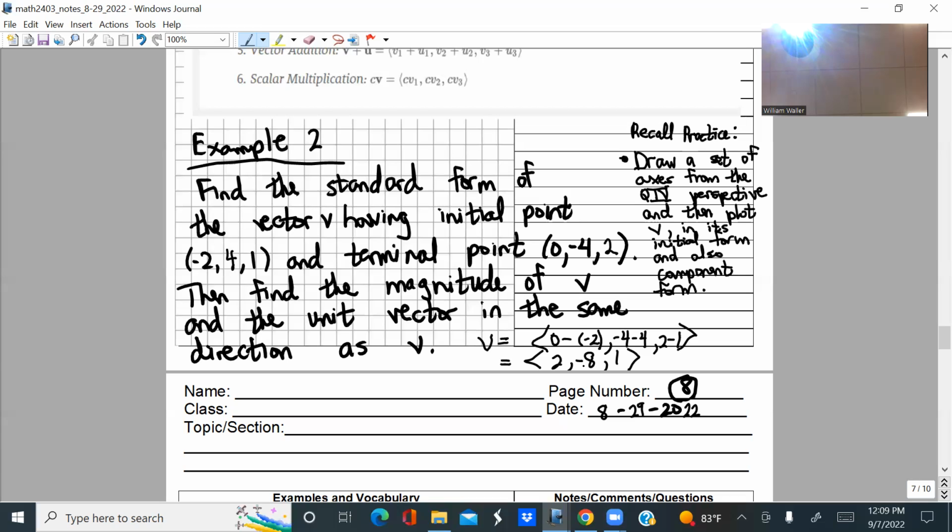So 2 on X, and so lower straight parallel. So 2 minus 1 is minus 8.